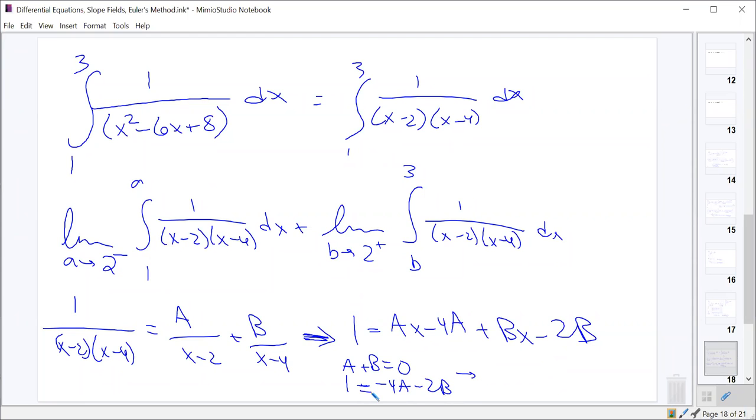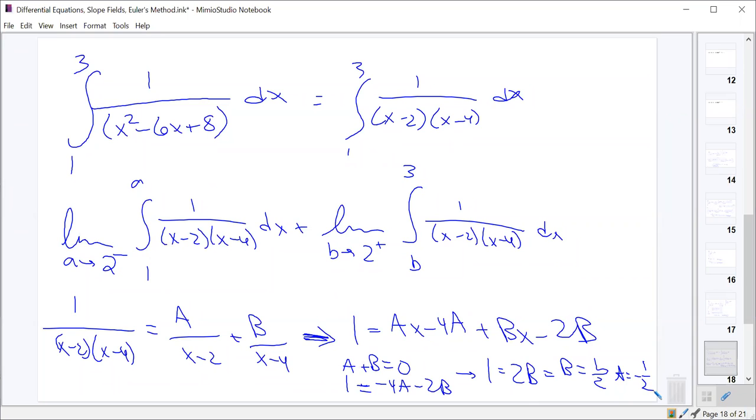That gives us 1 is equal to 4B minus 2B. So 1 is 2B, B is a half, which gives us A is negative a half. Is that what you got for your partial fractions? B is a half, A is negative a half. At home, you guys good with that?